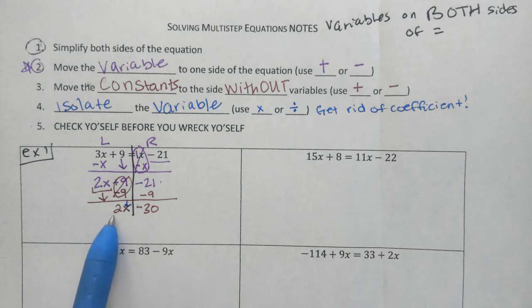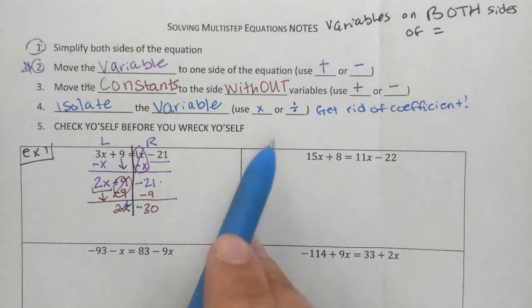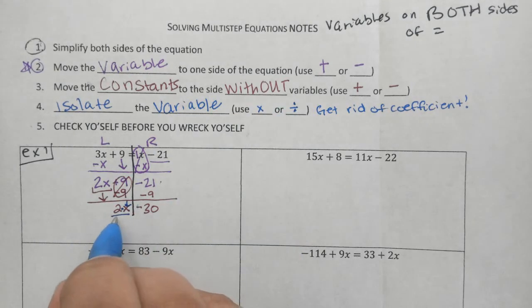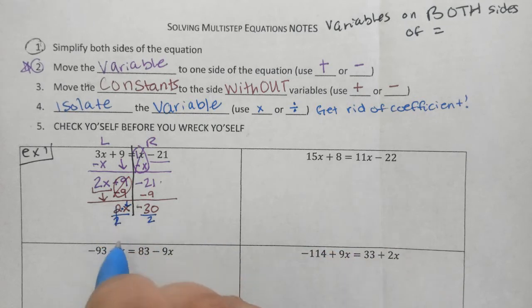That means I need to get rid of the 2, so x can be by itself. 2 and x have nothing between them, so that's multiplication. And to undo multiplication, we divide. So we'll divide by 2. That makes 1x on the left side, and negative 30 divided by 2 is negative 15.